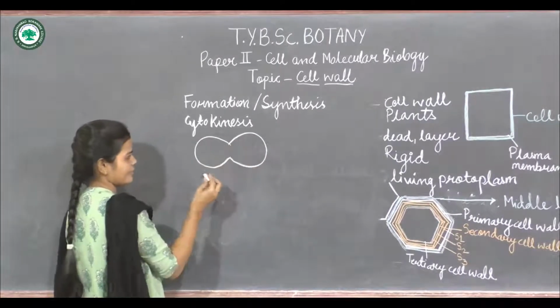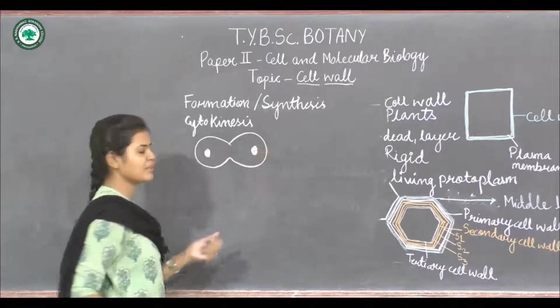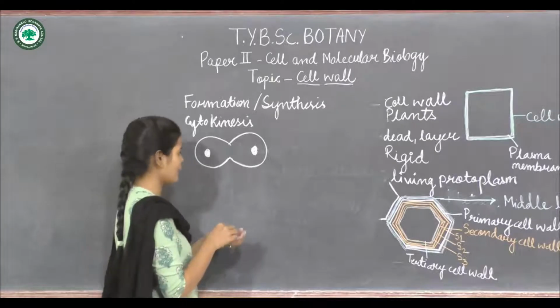During the cytokinesis, these two cells will each have their own nucleus. During that stage, there is a formation of a cell plate.